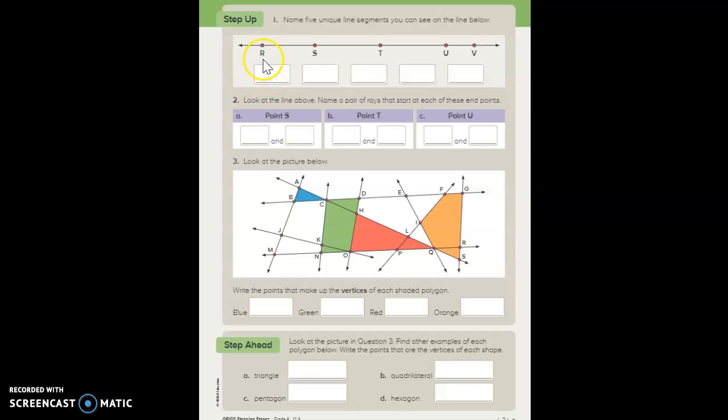There are different answers here, so you can check those. The answer key is also attached. Then number 2 says to look at the line above, so using the line from up here, and name a pair of rays that start at each of these endpoints. You're going to start at point S first, so right here it says to start at point S, and then name what another ray would be.